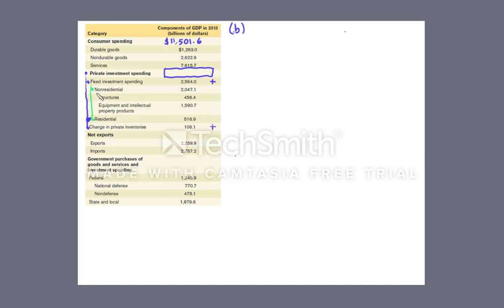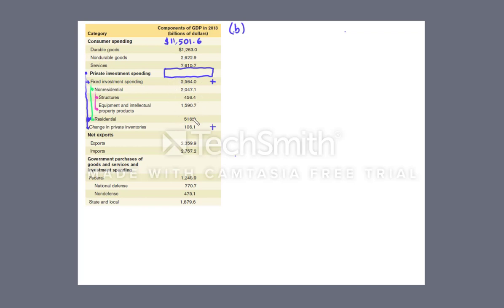Depending on which numbers we want to use, we can sum these two together to get non-residential fixed investment spending, then add that to residential fixed investment spending, and then add change in private inventories to get our private investment spending. It just depends on how you want to add these numbers together, and obviously you want to do the least amount of work.